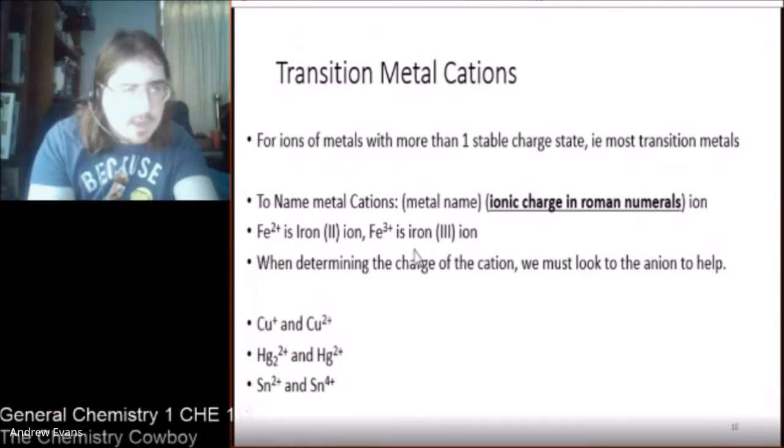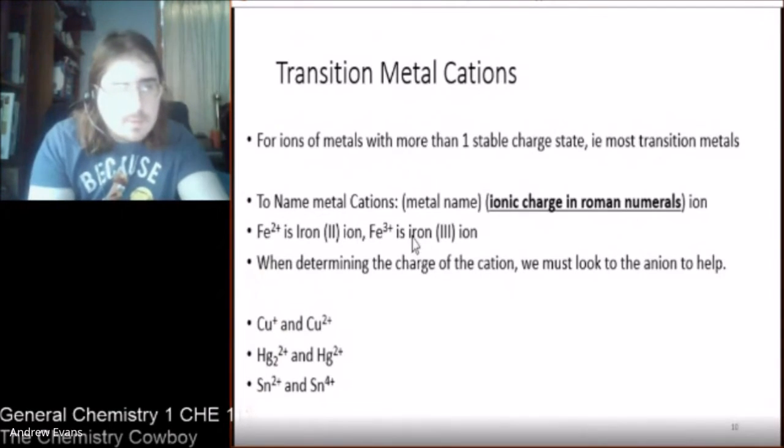If I just say iron, we don't know which one it is. So iron 2 is iron II. Iron 3 is III. If I had 4, remember that's IV. 5 would be V. 6 would be VI. 7 would be VII, and we're not going past 7, and I doubt we'll even get to 7.